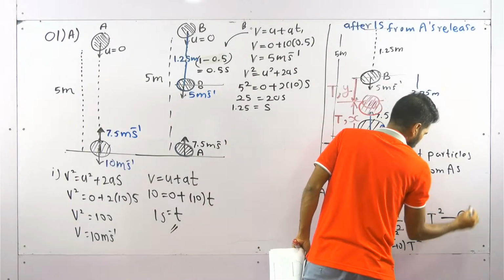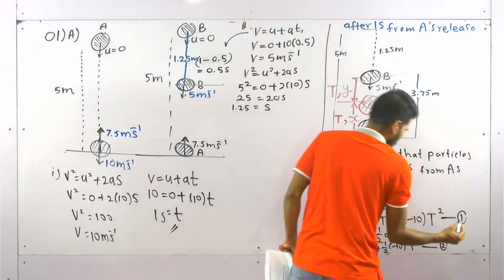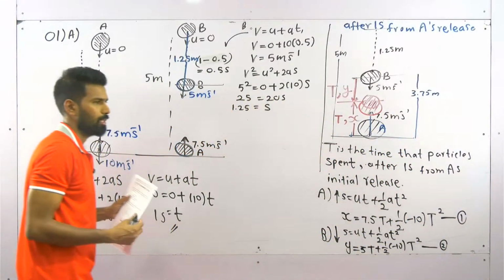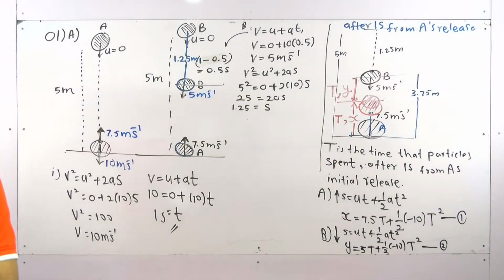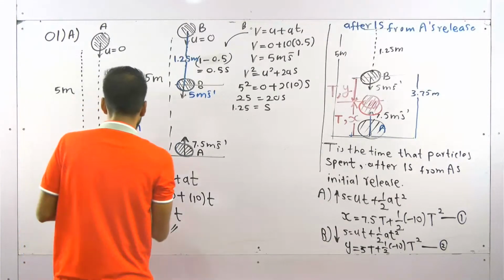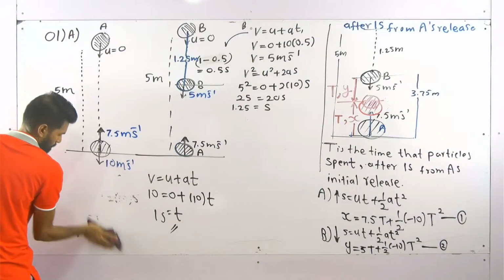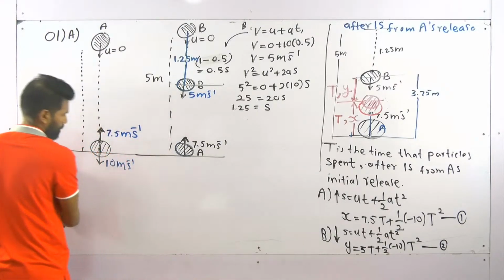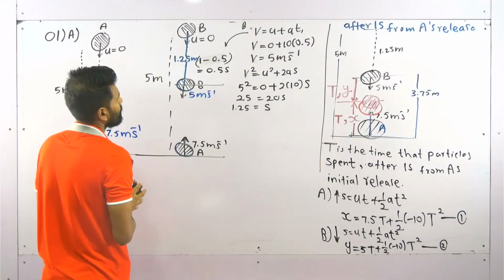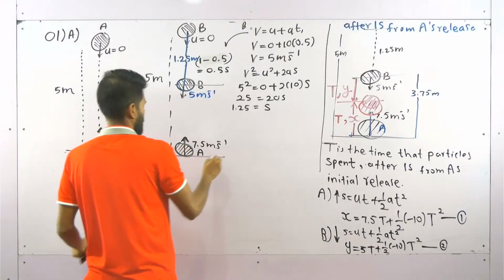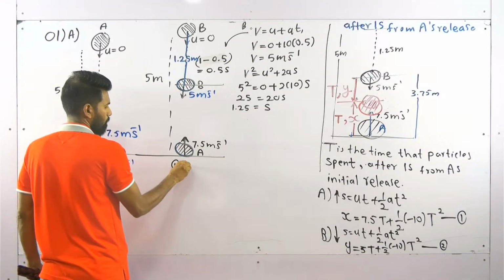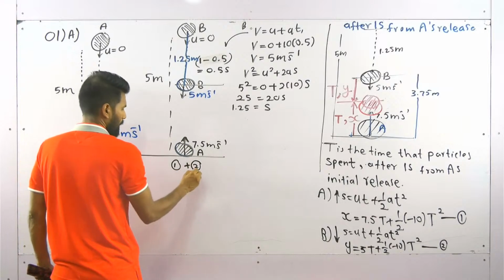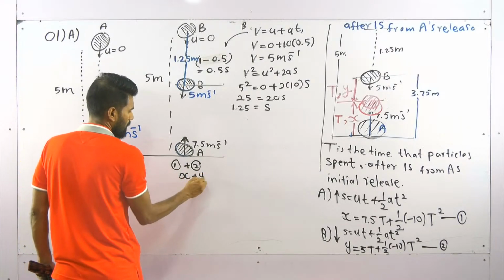Now these are the first and second equations I get. Now this is my next plan. Now I'm going to add them. Adding 1 and 2, it will be x plus y in the left side.